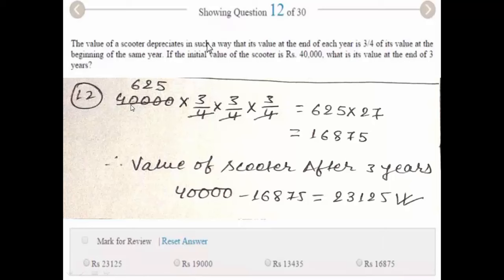First, the initial value is 14,000, first year 3 by 4, second year 3 by 4, third year 3 by 4, and after evaluating this expression we got the value 16,875. The value of the scooter after 3 years has decreased. This is the decreased value. Whatever the decrease in 3 years equals 40,000 minus 16,875 equals 23,125.